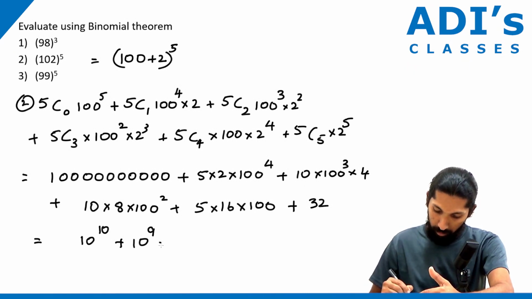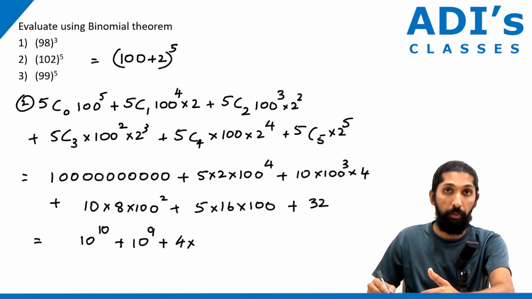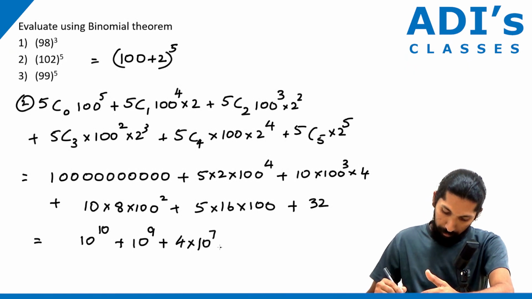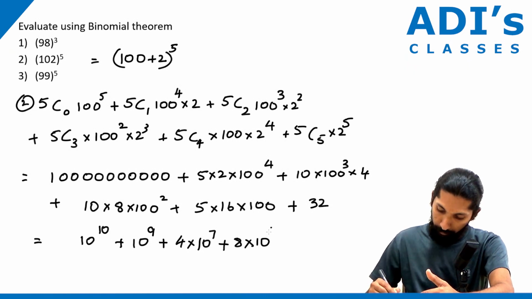Next, plus 4 into 10 to the power of 6 into 10 is 10 to the power of 7, plus 8 into 10 to the power of 4 into 10, 10 power 5, plus 8 into 10 to the power of 3 plus 32.